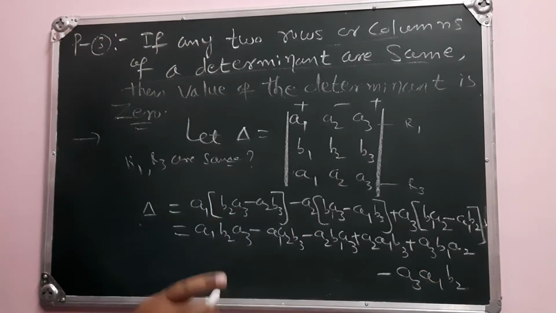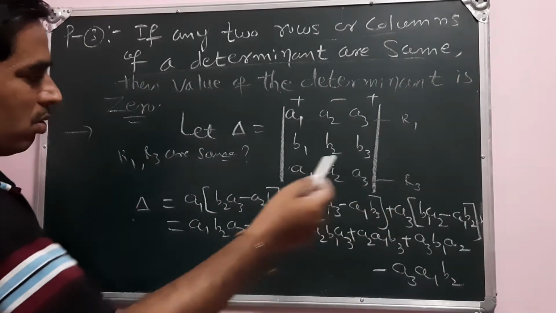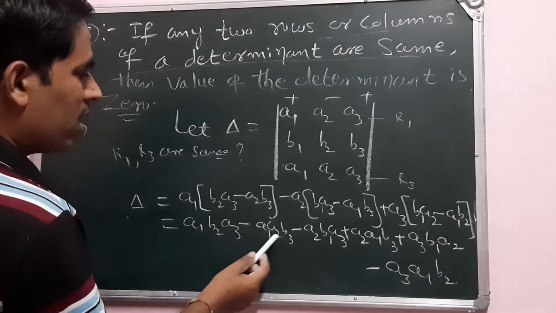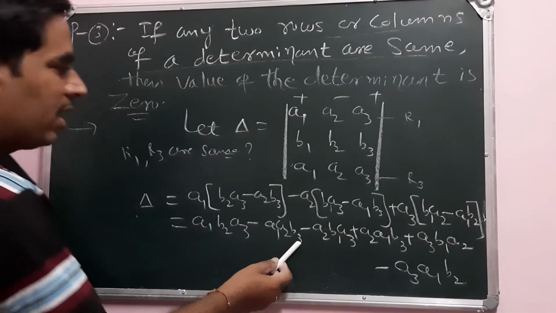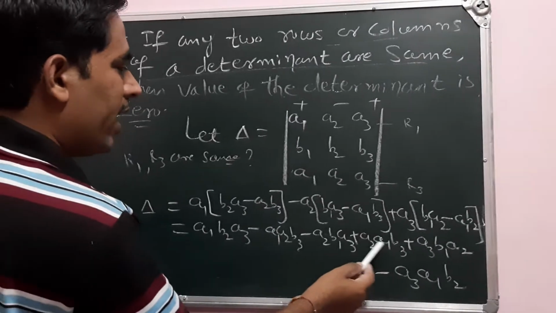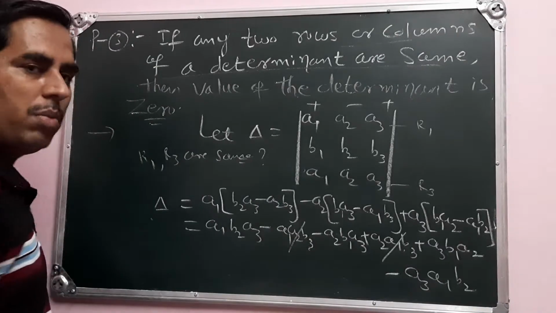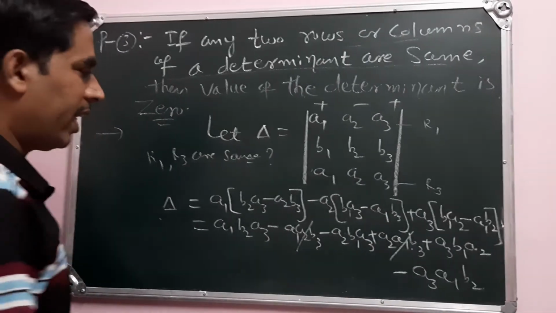After multiplication, I will remove all the brackets. Here you observe carefully all the elements. a1 a2 b3, then a1 a2 b3 with plus, then minus a1 a2 b3. They are equal and opposite in sign, so they get cancelled.